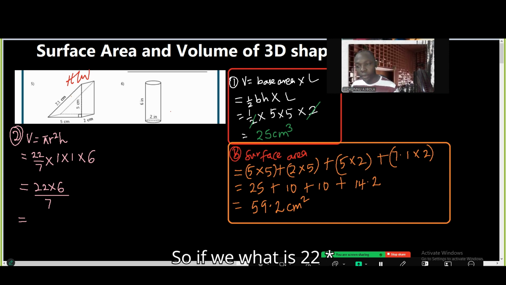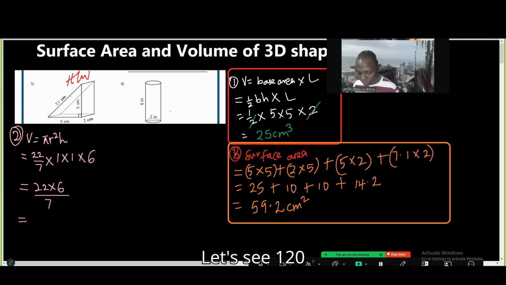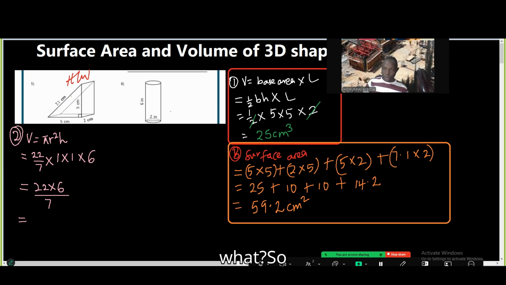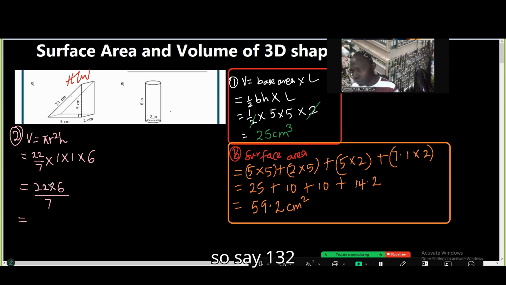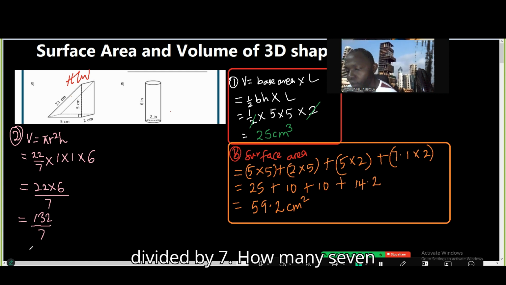So what is 22 times 6? 20 times 6 is what? 120. And 2 times 6 is what? 12. So 22 times 6 is 132. So we say 132 divided by 7.